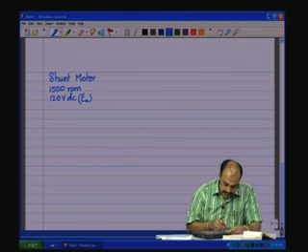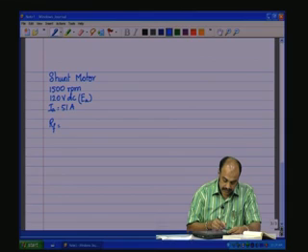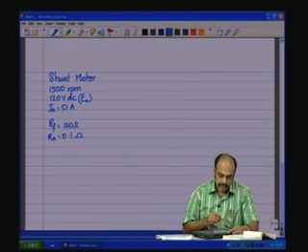Now, IA is 51 amps and R shunt or RF, the field winding, is 120 ohms. RA is given as 0.1 ohms. Okay.